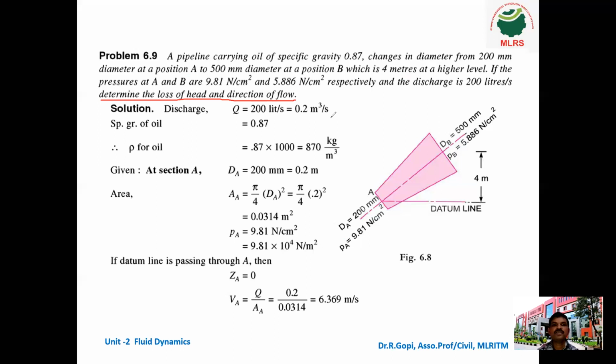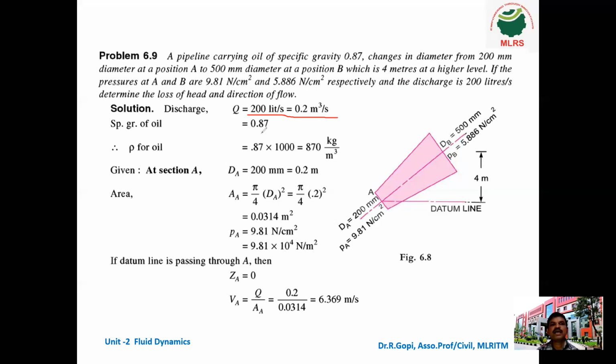Now we will check that. There are two questions they asked: what is the loss of head, as well as the direction of the flow? Now what data is given? You can write Q is equal to 200 liters per second. If you convert to meter cube per second, divide by 1000, so 0.2 meter cube per second.